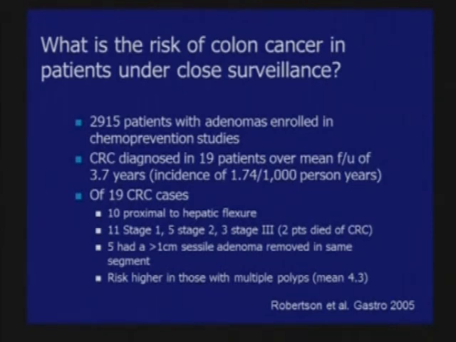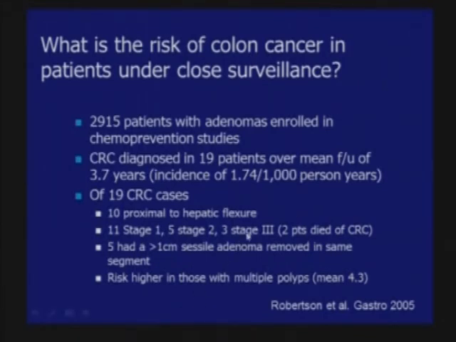So what's the risk? This is the first paper that showed us that there's a risk of interval cancers. These were large trials that were conducted for chemoprevention, and they looked at patients within these trials who got interval cancer. And the incidence rate was actually much higher than expected. If you looked at these cases of individuals who got these incident cancers, a pattern emerged.